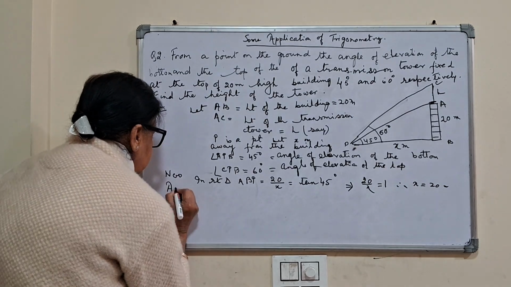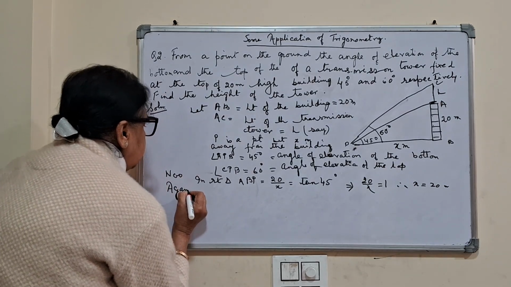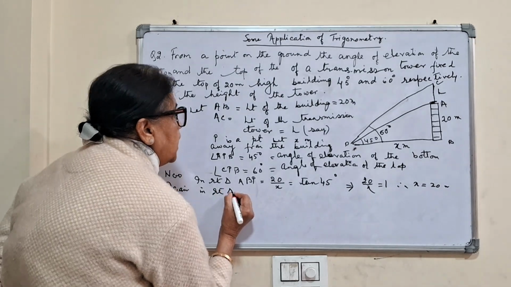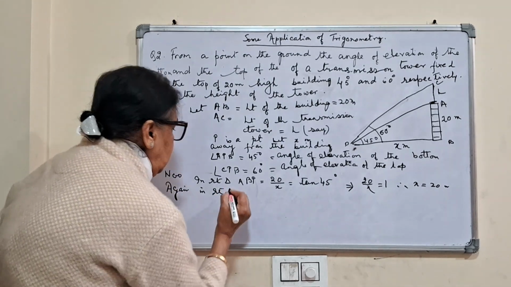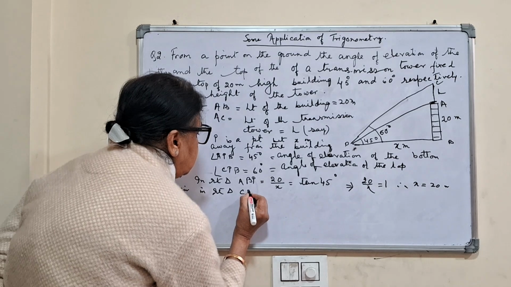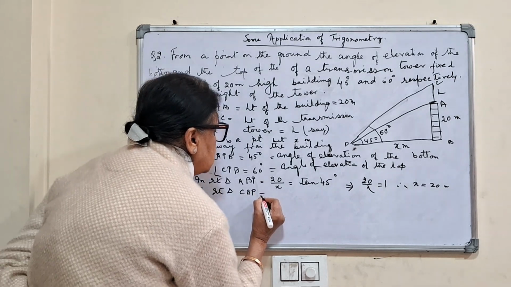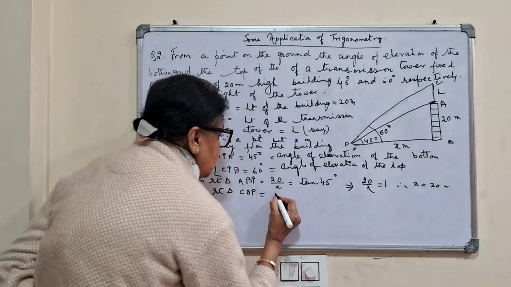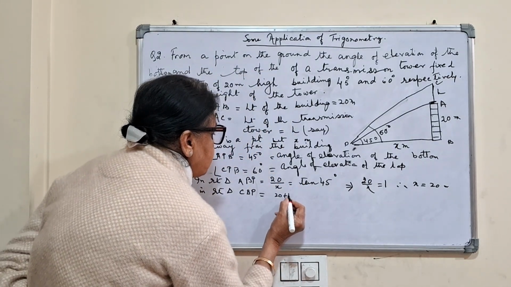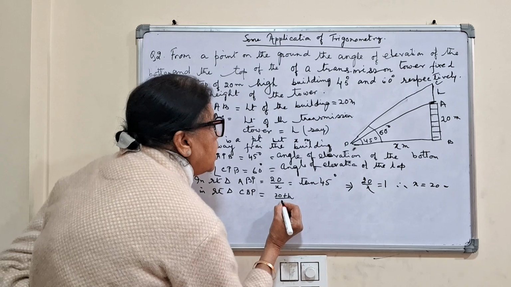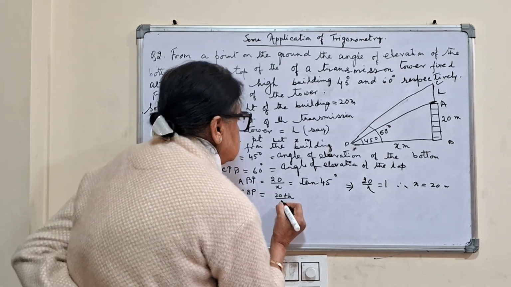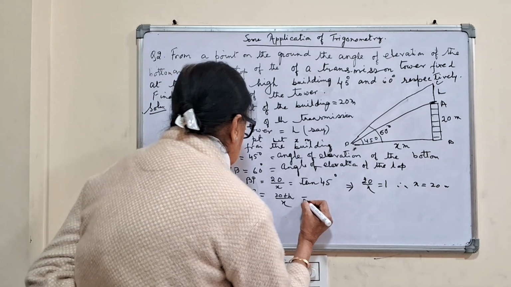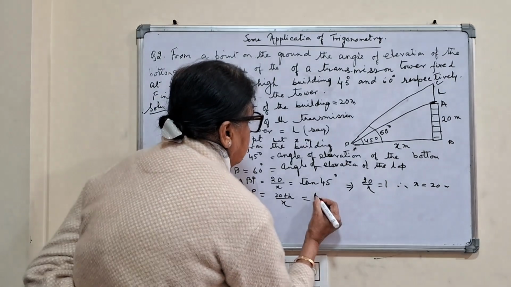Again in right triangle CBP, this height will be 20 plus H. So 20 plus H divided by X is equal to tan of 60 degree.